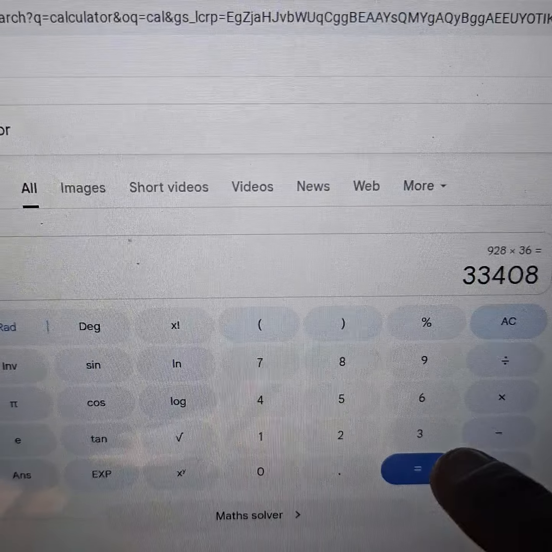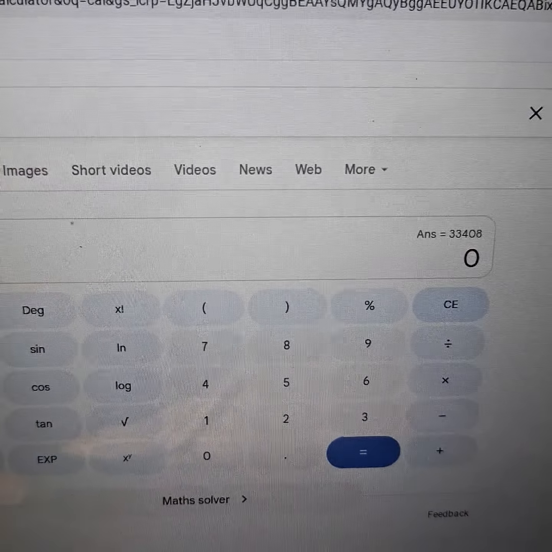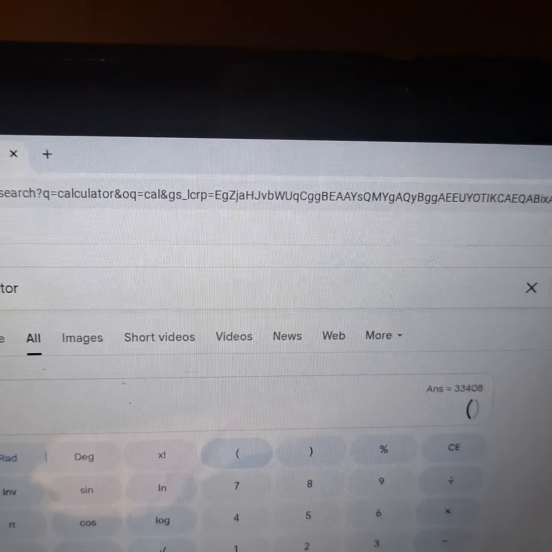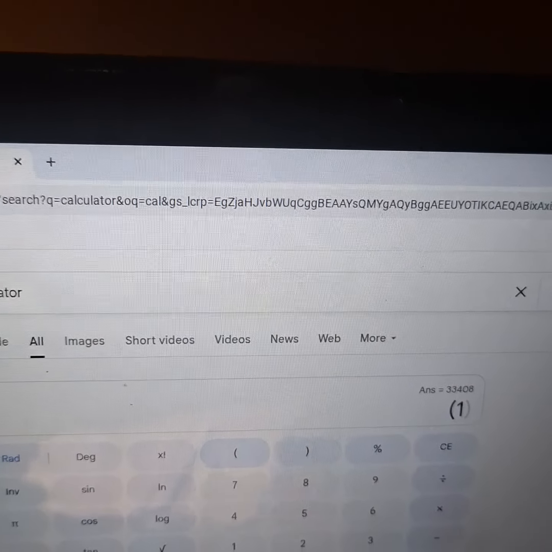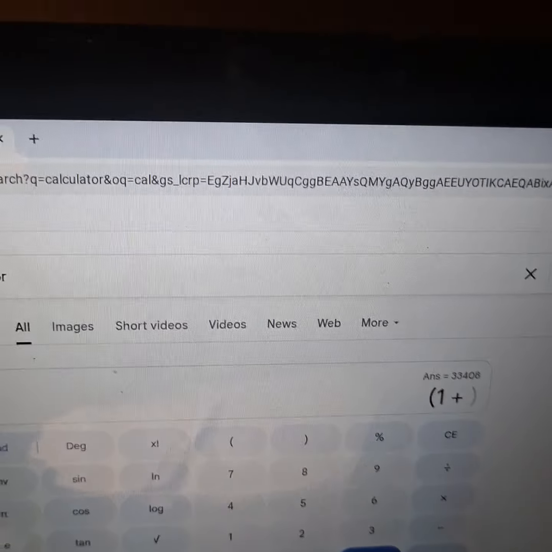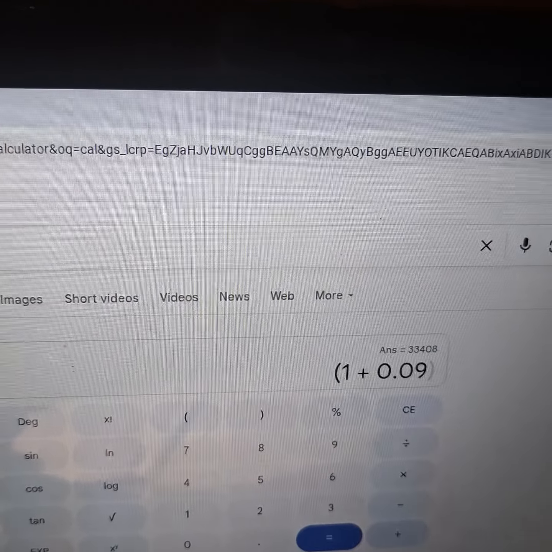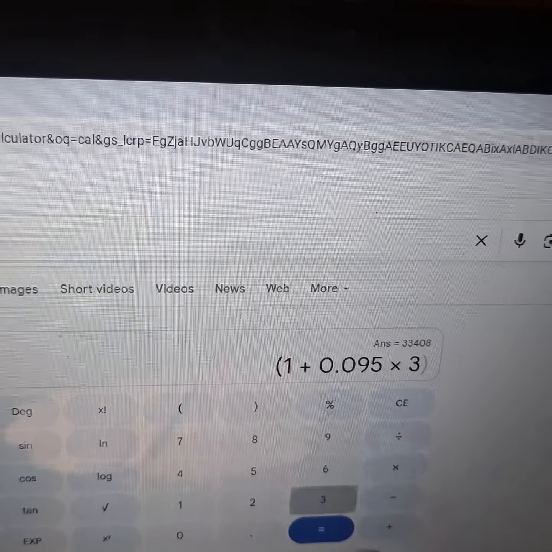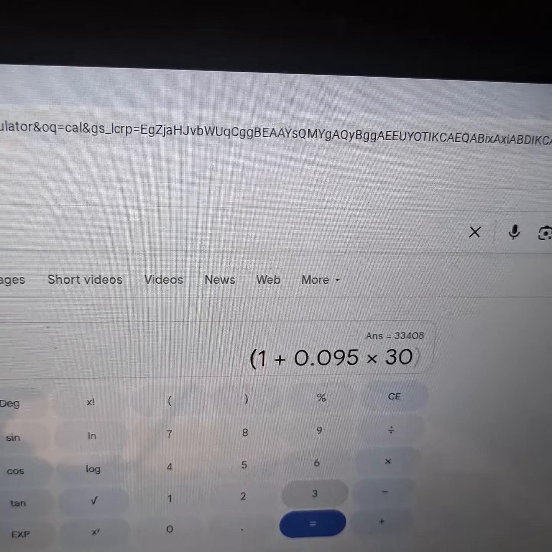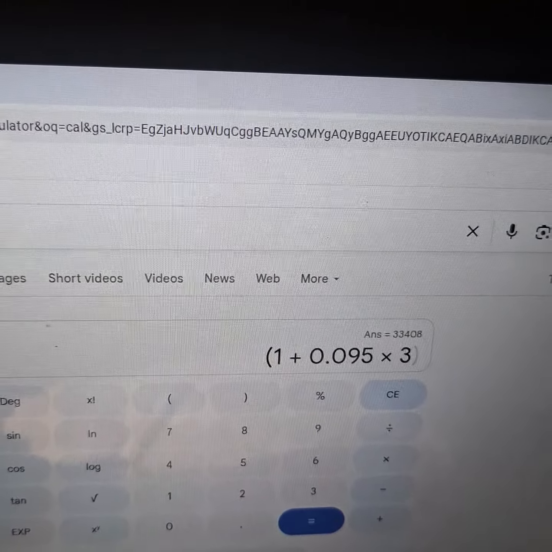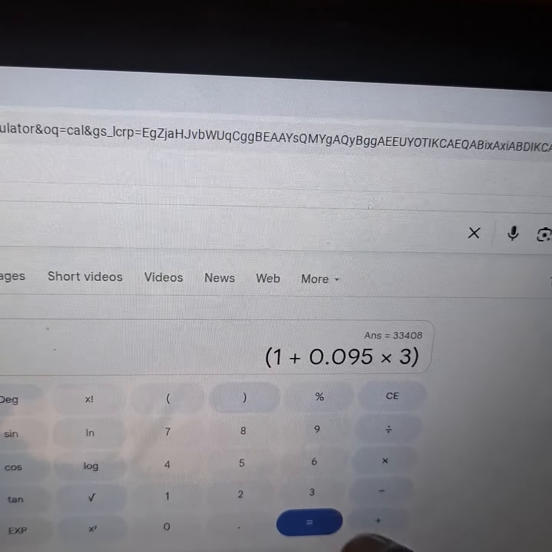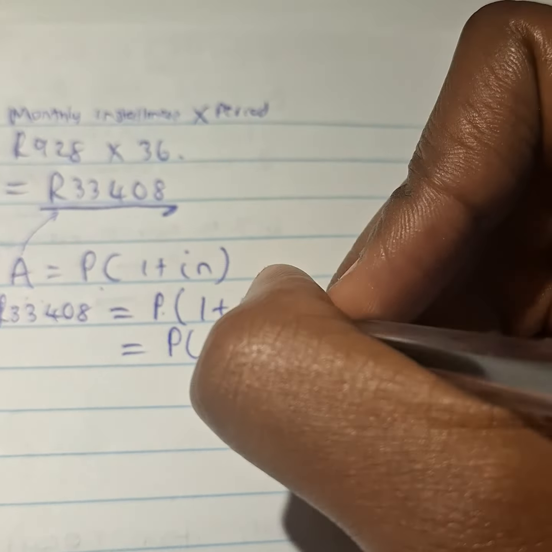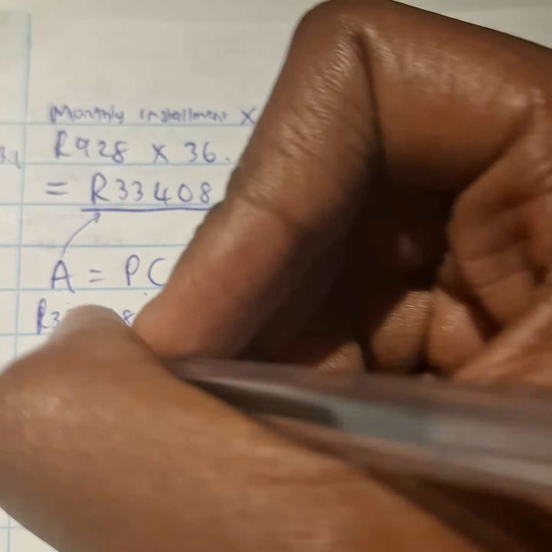Brackets: 1 plus 0.095 times 3, close the bracket, equals 1.285. So we know this is P times 1.285.